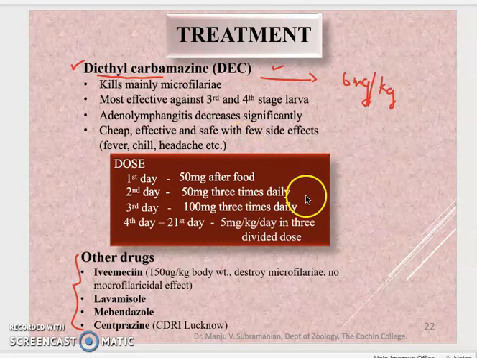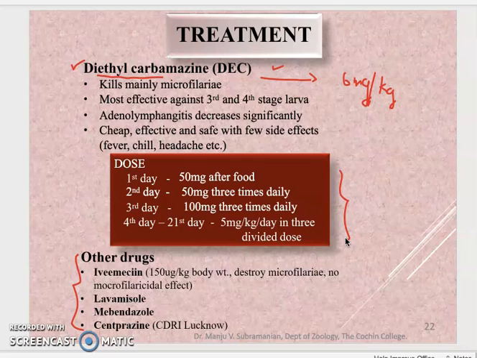The dosage can also be given in this way: the first day we can give 50 mg after food, then the second day 50 mg 3 times daily, the third day 100 mg 3 times daily, and then from the fourth day to the 21st day 5 mg per kg per day in 3 divided doses.